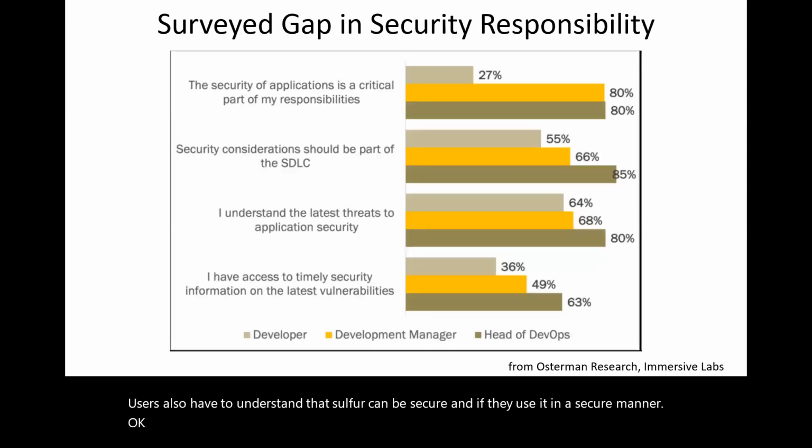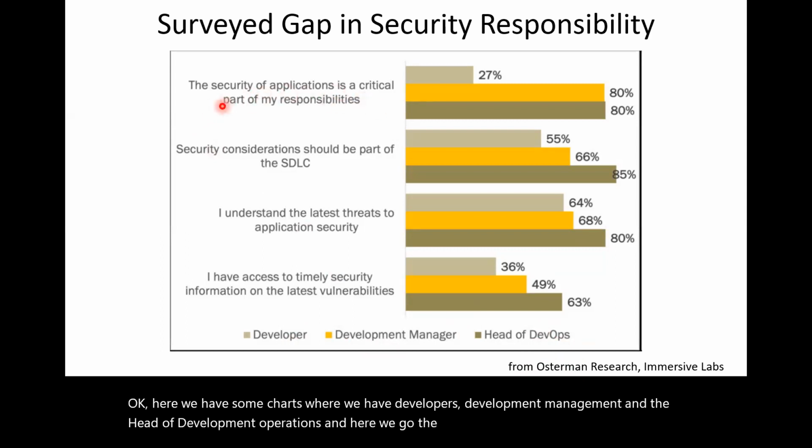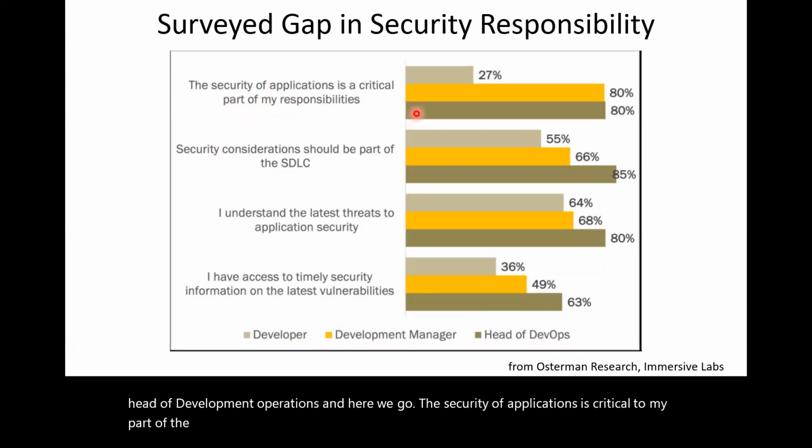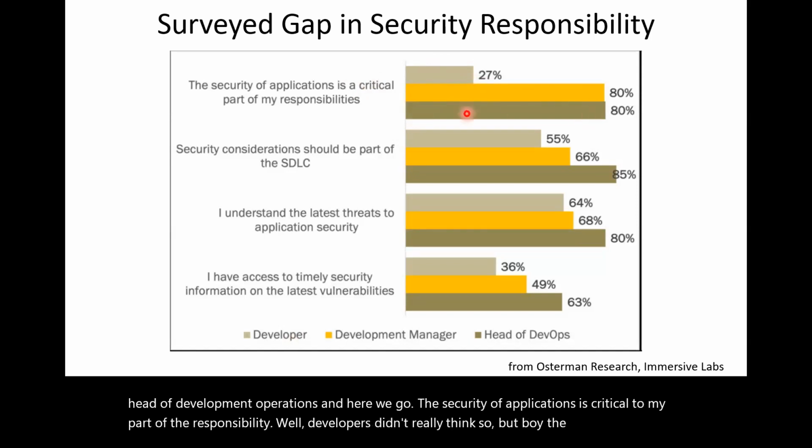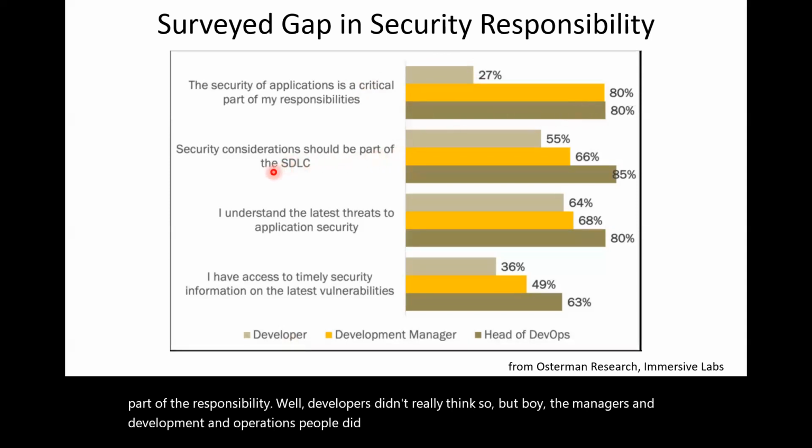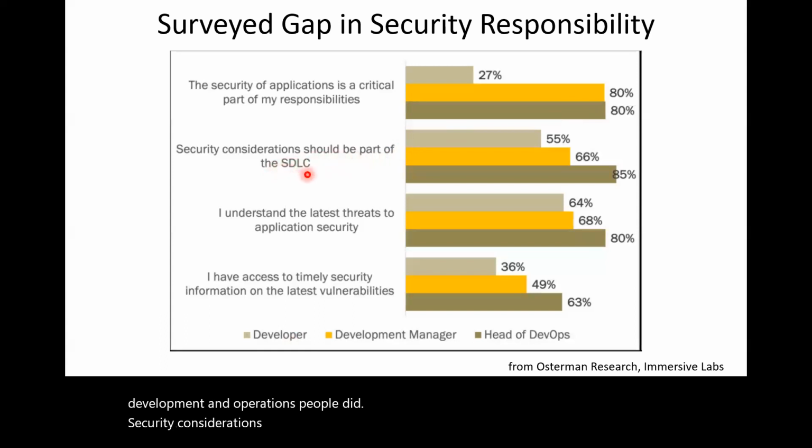Okay, here we have some charts where we have developers, development management, and the head of development operations. And here we go. The security of applications is critical to my part of the responsibility. Well, developers didn't really think so, but boy, the managers and development and operations people did. Security considerations to be part of the software development life cycle. Well, the head of operations certainly thought so.